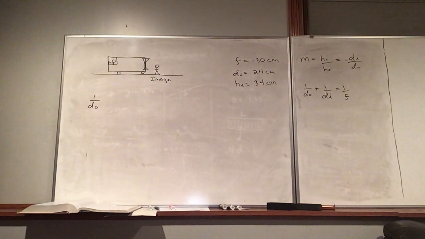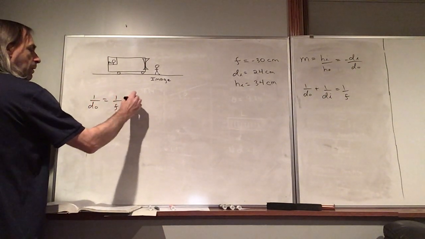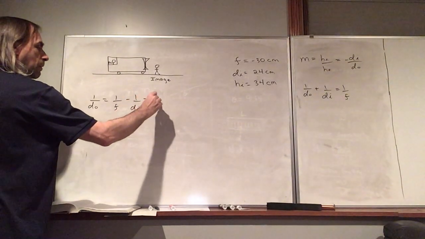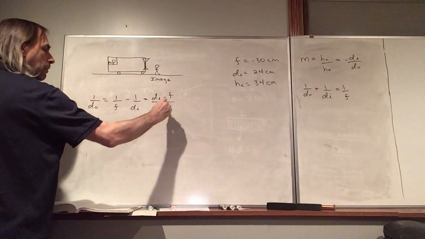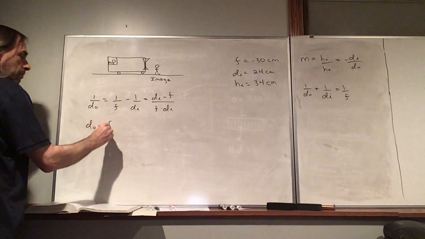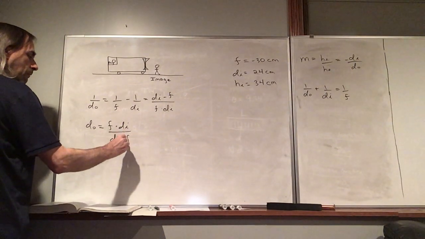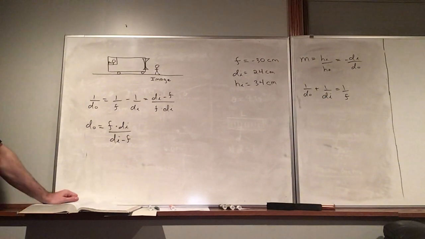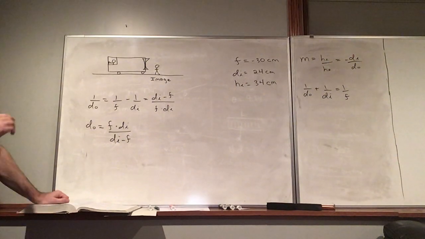Let's move the 1 over DI to the other side. Okay, so DO is F times DI divided by DI minus F. So just flip each of these.